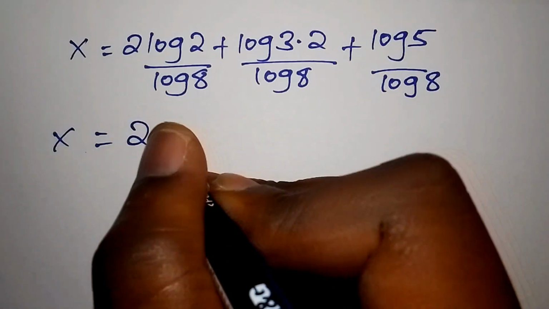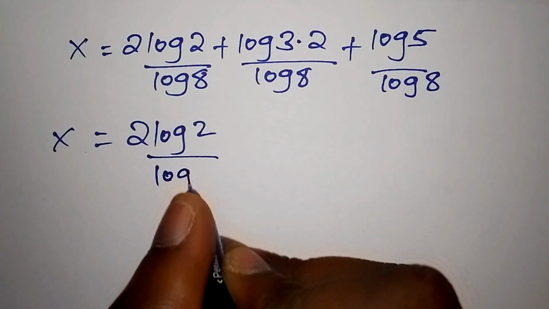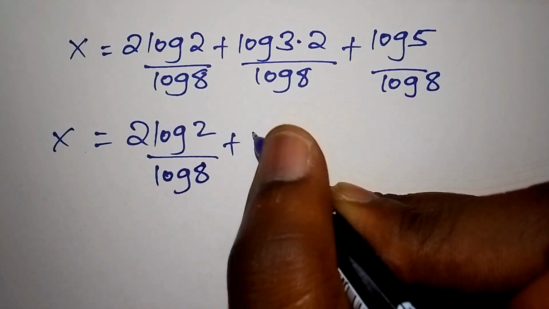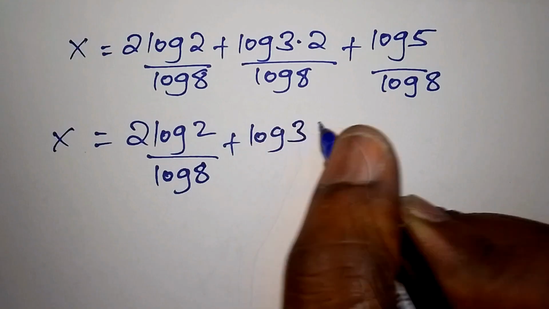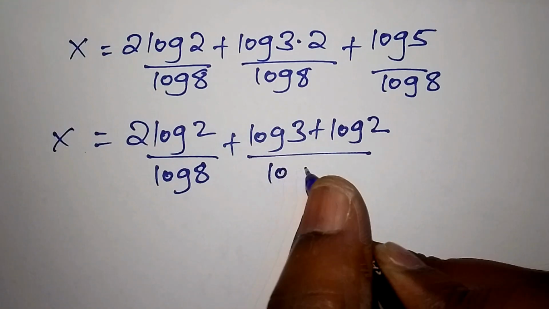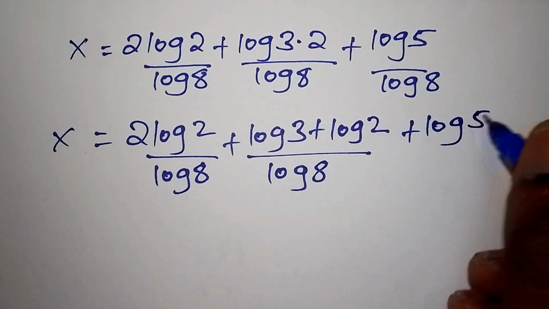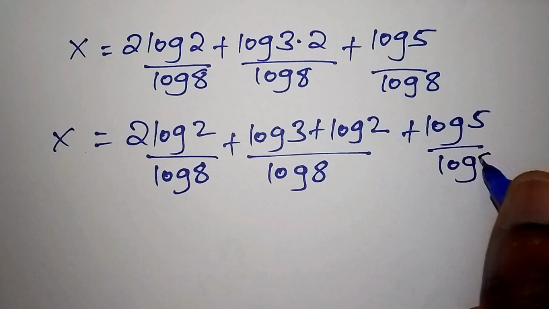So finally we shall say that the value for x is equal to 2 times the log of 2 all over the log of 8, plus the log of 3 plus the log of 2, all over the log of 8, plus the log of 5 all over the log of 8.